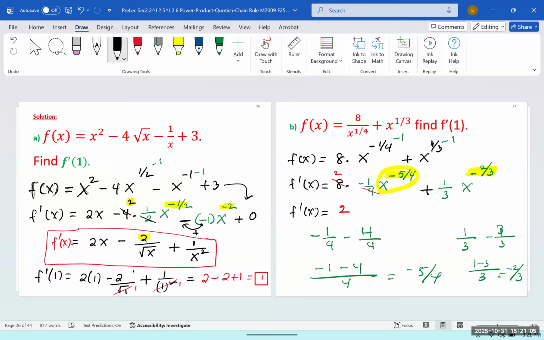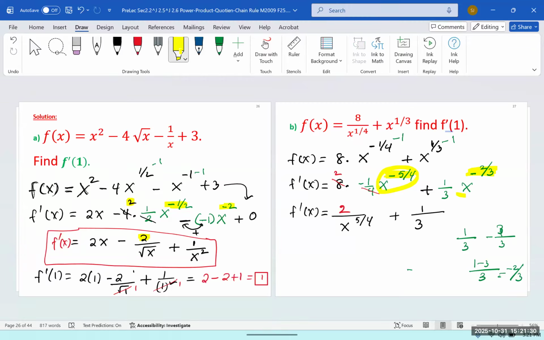So this divided by x to the positive 5 over 4. And then the next one we have 3 is already on the denominator, and you just have to bring this entire thing on the denominator next to the 3.